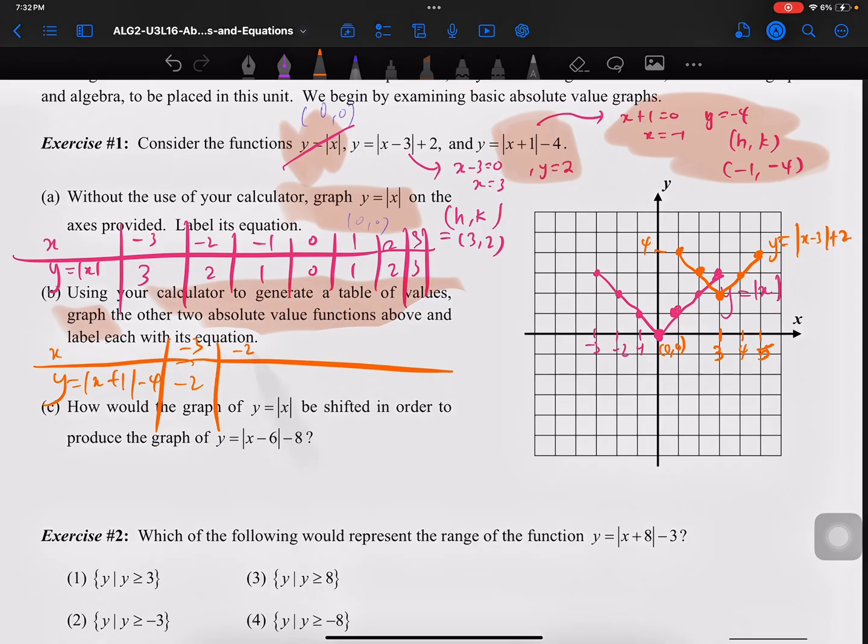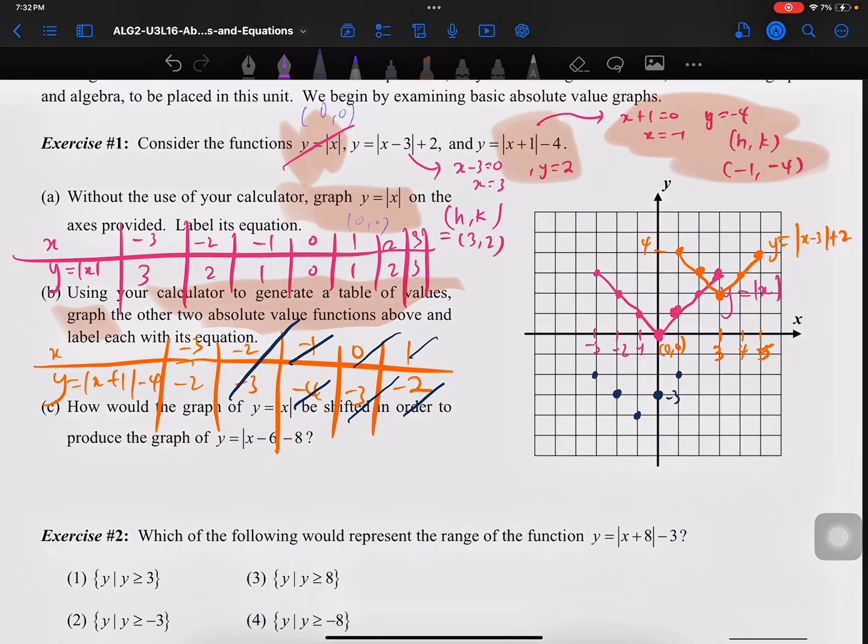Then minus 2, minus 3; minus 1, minus 4; 0, minus 3; 1, minus 2. So we will just plot it: 0, minus 3; 1, minus 2; then minus 1, minus 4; then minus 2, minus 3; minus 3, minus 2.